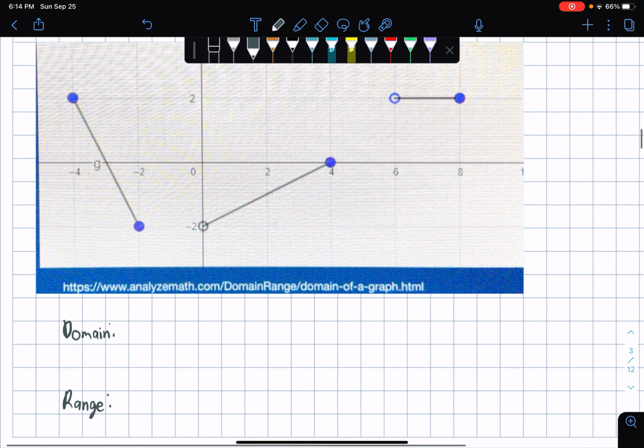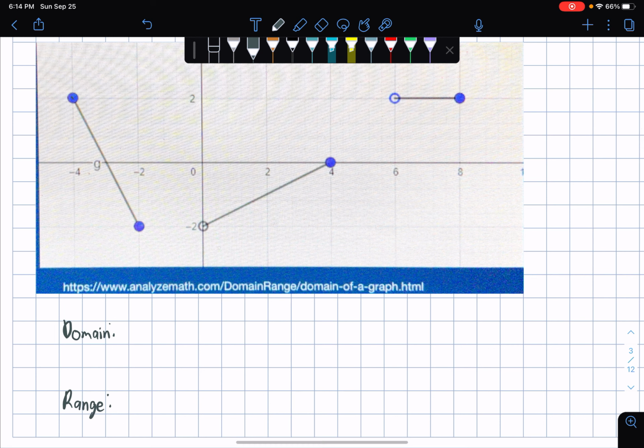Alright, we're given this particular example. For the domain, they're all limited. Obviously, there's no infinity here. And so we'll be using the symbol union, or U. This is usually a symbol that you learn in the concept of sets.